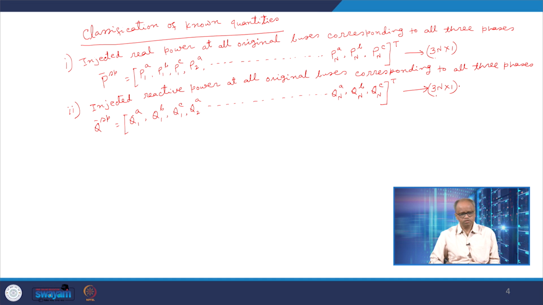Three n cross 1. So this also would be 3n cross 1.